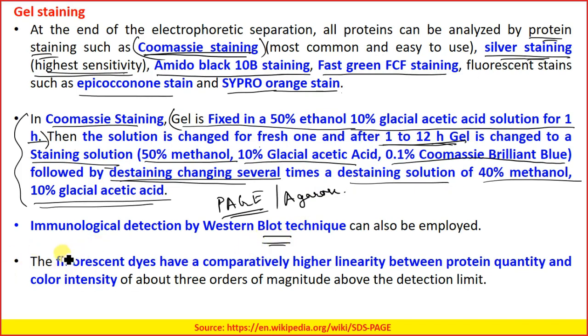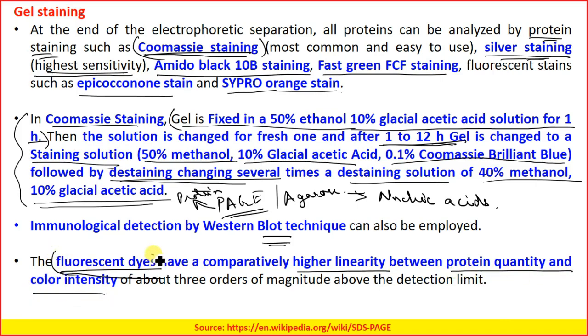PAGE is used for protein, and agarose for nucleic acids. Fluorescent dyes have comparatively higher linearity between protein quantity and color intensity. So if you are using the fluorescent dyes, we can go for quantitative measurement.